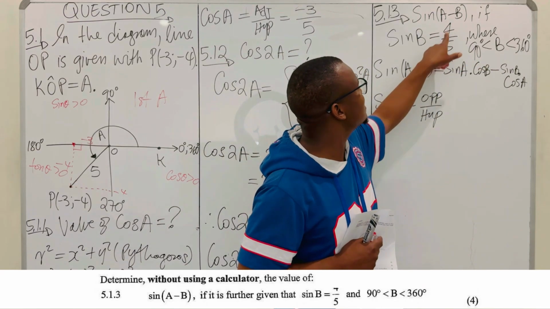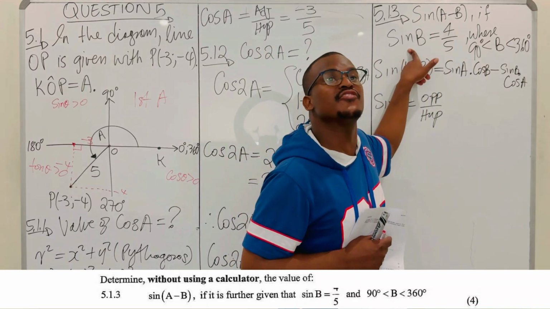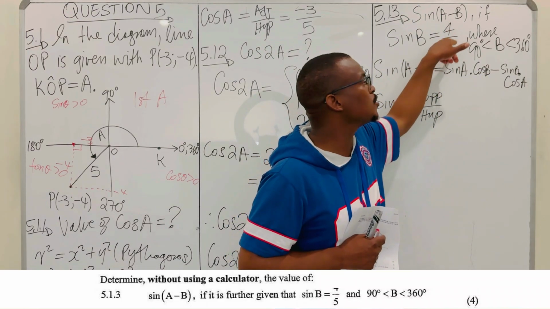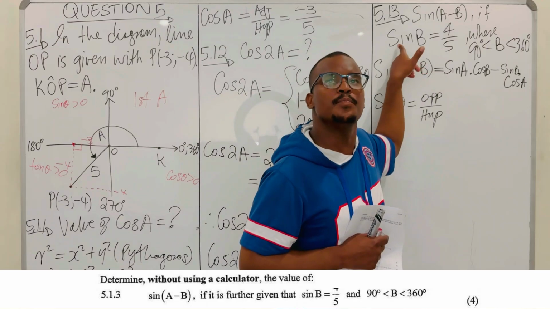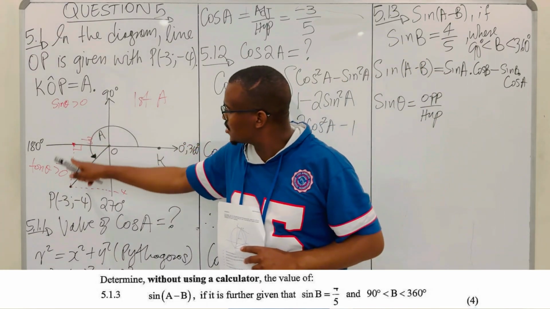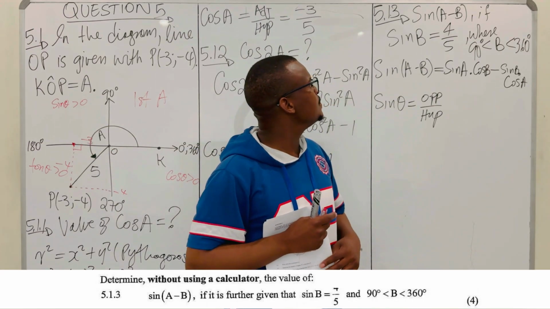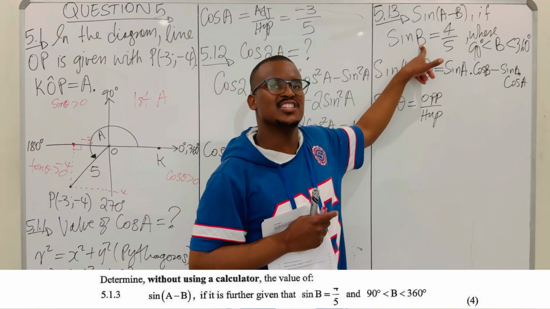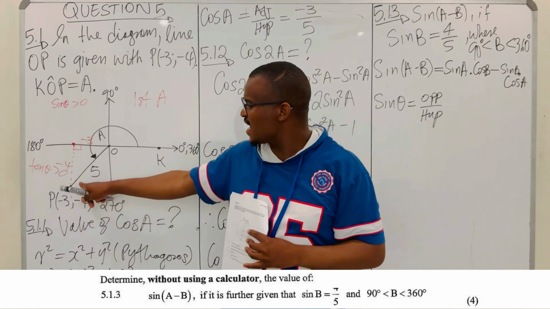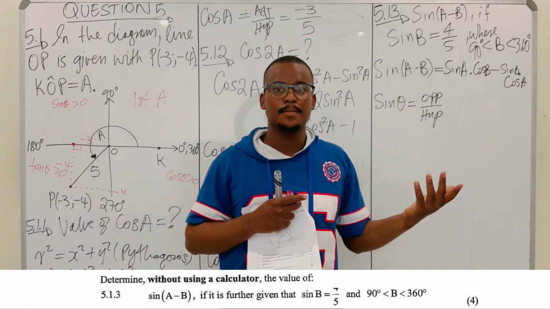And we're saying because this ratio is positive, sine itself needs to be positive, because this is equal to sine B. And between these three quadrants, sine is only positive in the second quadrant. So what does that mean? It means B is on the second quadrant. So we need to draw a triangle similar to this one on the second quadrant, right?